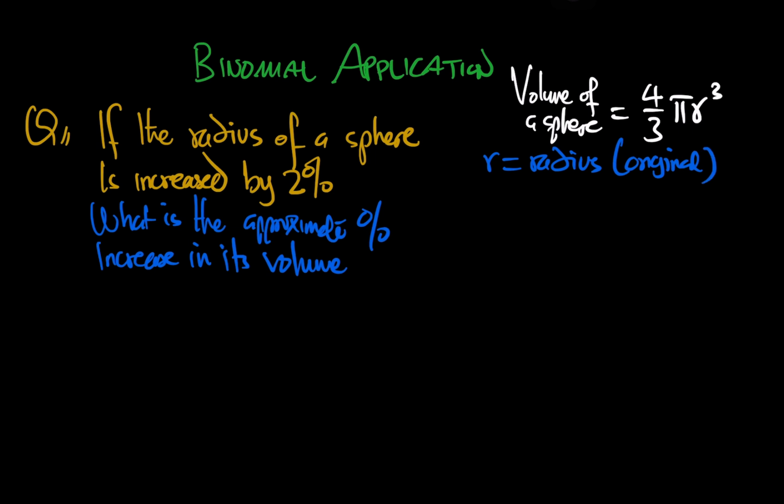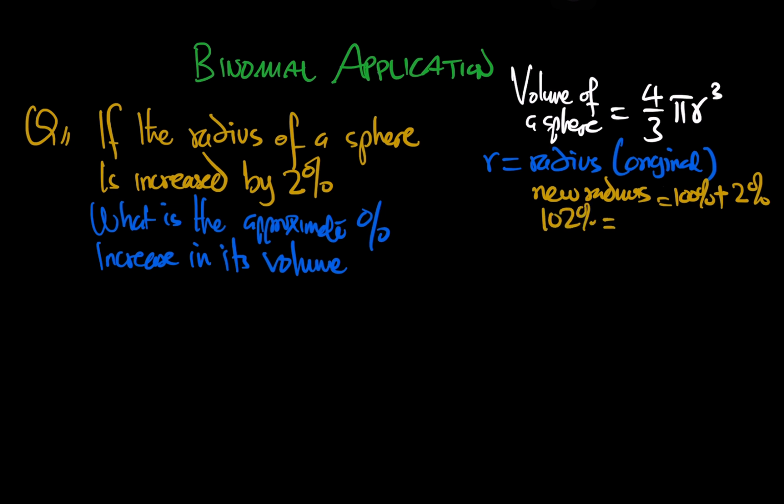Now the new radius was increased. So the new radius is 1 plus 2%, so it's going to be 100% plus the increase of 2%.